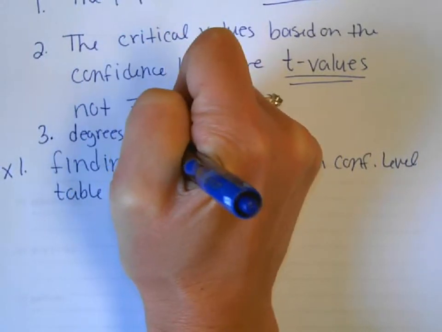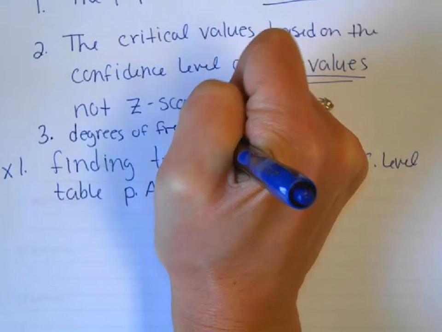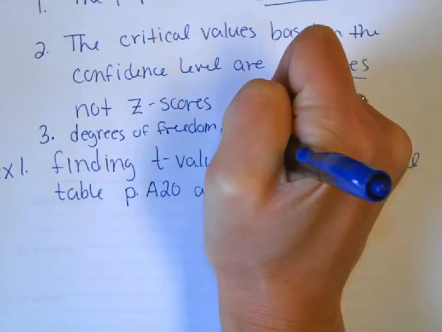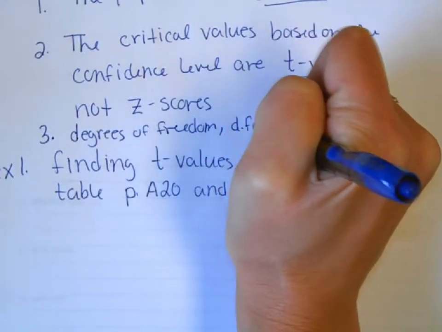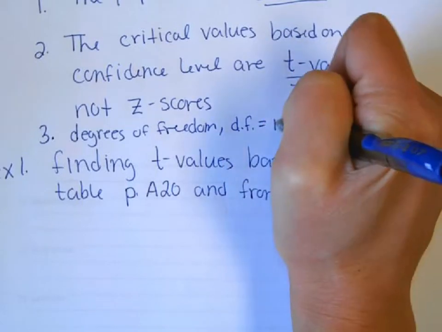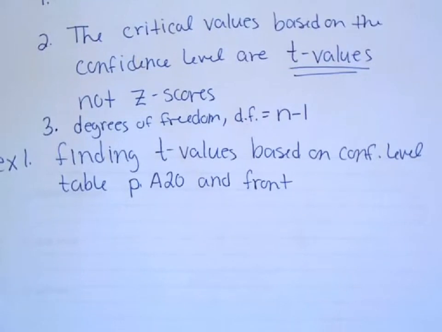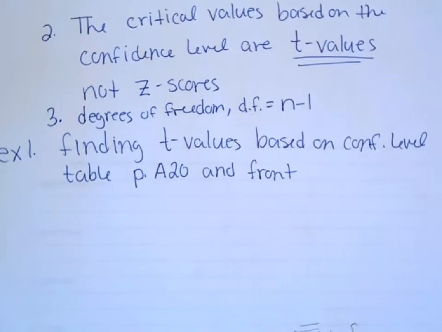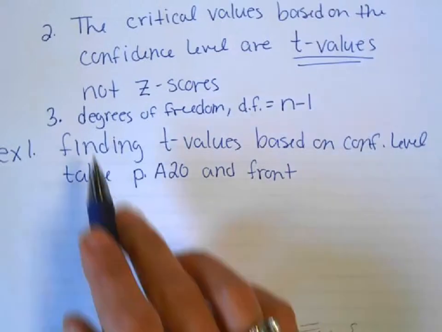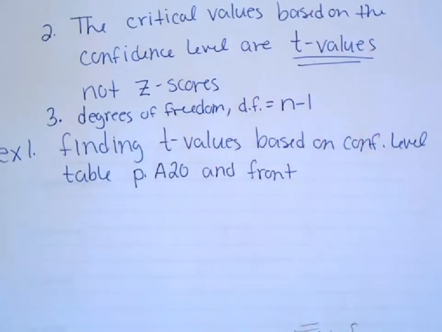Degrees of freedom, known as DF, will equal your sample size minus 1. I could put it in example 1 too if you need to. DF stands for degrees of freedom, because you're going to see that in the table.